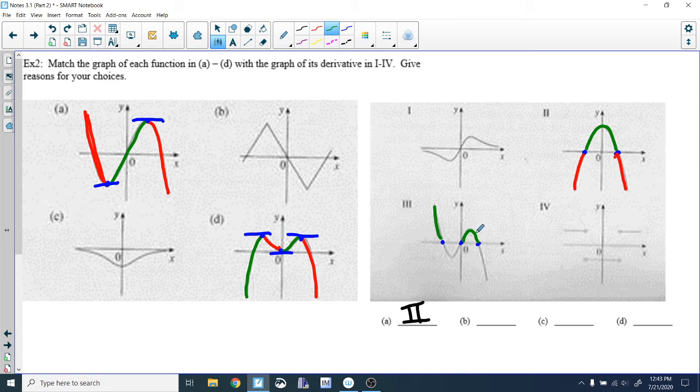Okay, color code that whole little hump there as green. That matches up with this over here, increasing, positive. It has a negative part here, which matches up with this decreasing section, and a negative part here. And so we can say that D matches with Roman numeral 3.